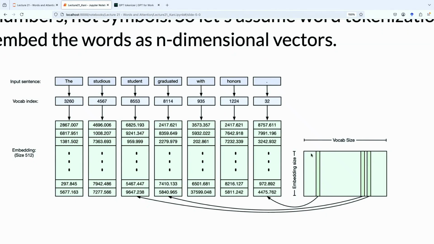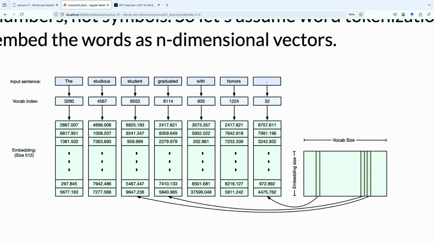Each of these columns relates to a particular word or token in the vocabulary. We start off with a bunch of random values in this matrix.